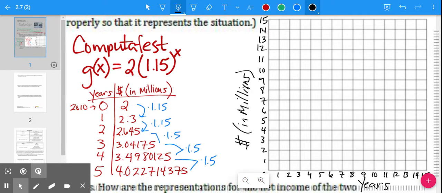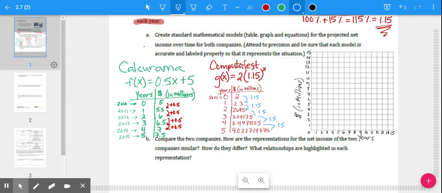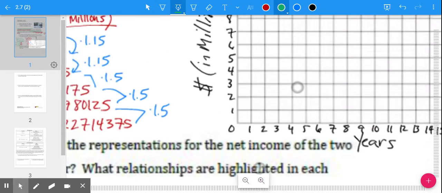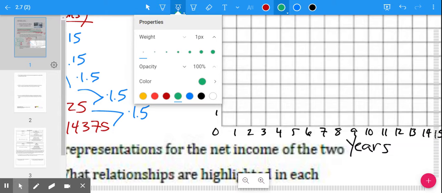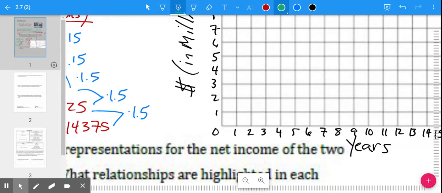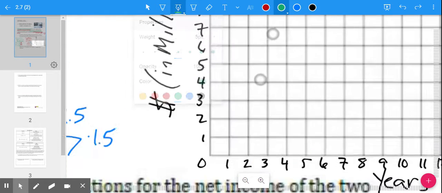So we have, in green, Calcurama, year 0. They had $5 million. So we're going to go to 0 on the X, 5 on the Y, and put our dot. And then it increases at $500,000 a year. So get a bigger dot. There we go.